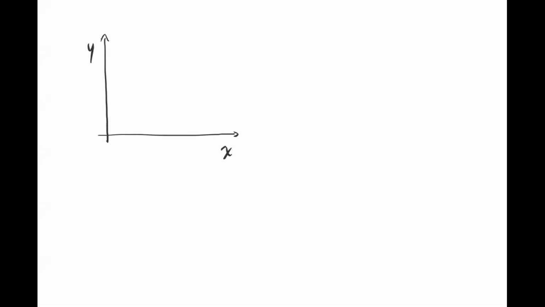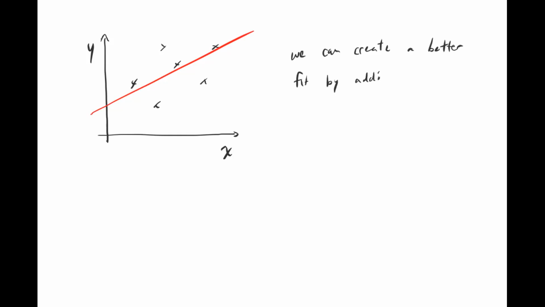So the whole idea is that, again, if I have some points, and I draw a line, we can create a better fit by adding more variables or changing the functional form.